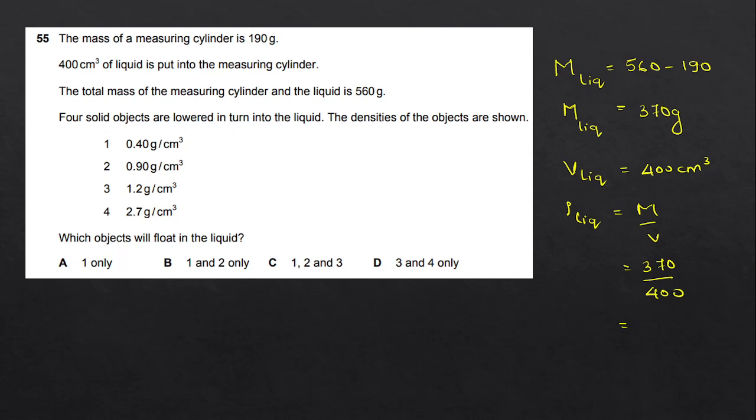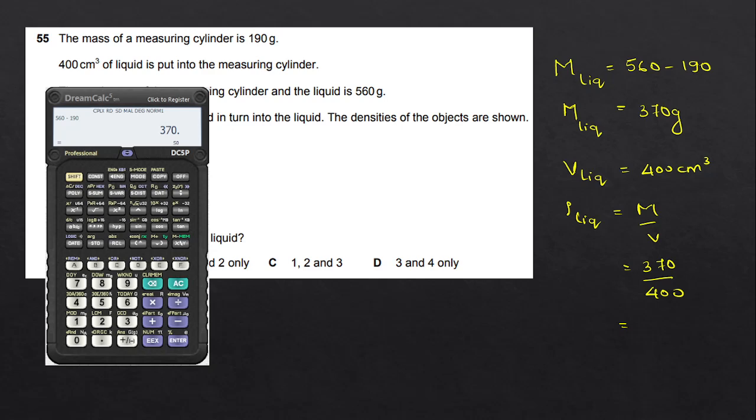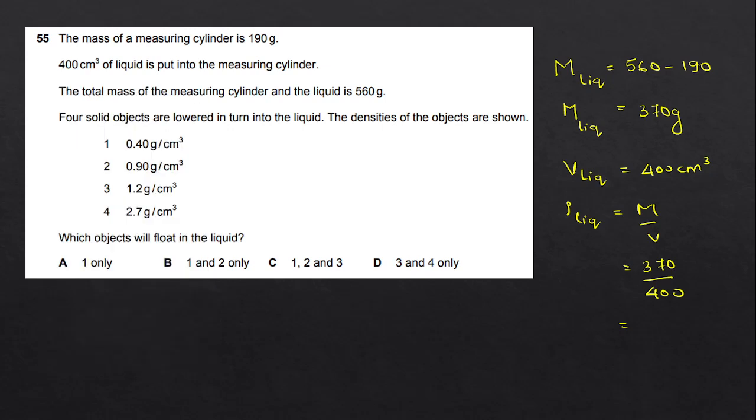Again, let's use our calculator to find this. 370 divided by 400, that's 0.925. So the density of the liquid is 0.925 and the unit is gram per cm cube.